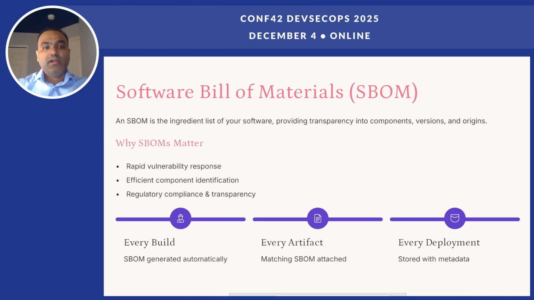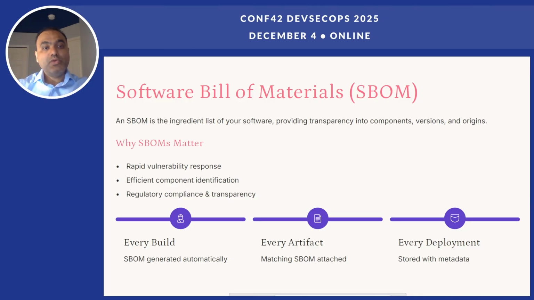SBOMs, software bills of materials, are one of the most effective tools in supply chain defense. They are basically an ingredient list for your application. They tell you exactly what's inside your code base. But here is the important part: an SBOM only works if it's generated automatically on every build and stored with the artifact. When a vulnerability like Log4j hits, you shouldn't have to scramble.